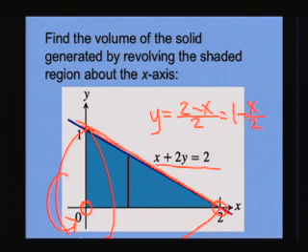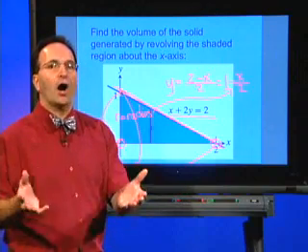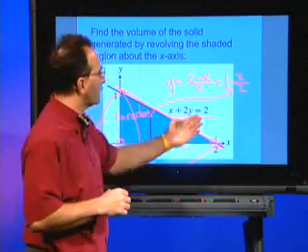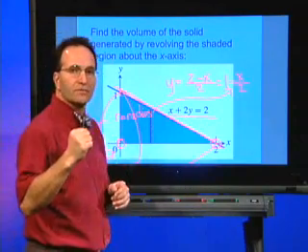So what we're interested in is, of course, r, the radius. Well, that is 1 minus x over 2. So the cross-sectional area is a circle. Pi r squared is the area of a circle. R, in this particular case, is 1 minus x over 2.